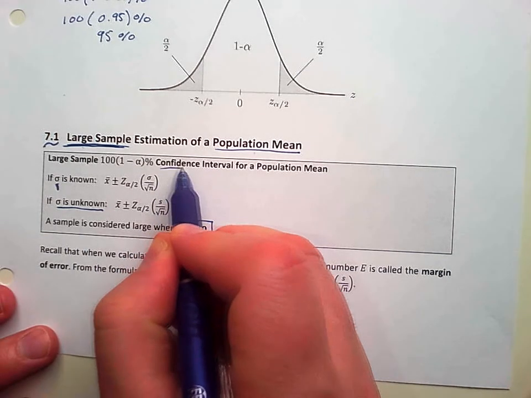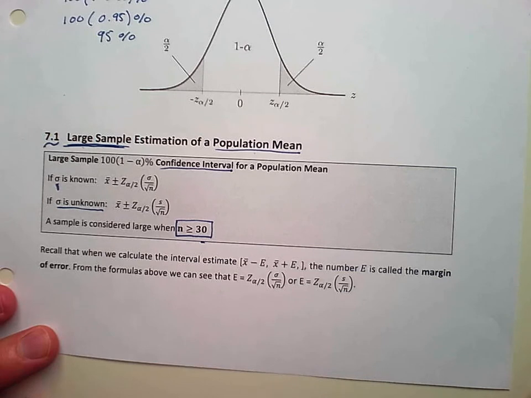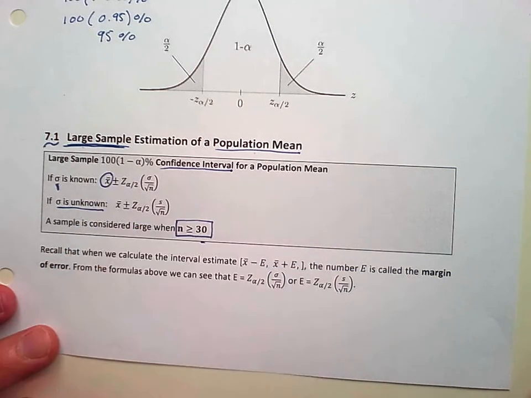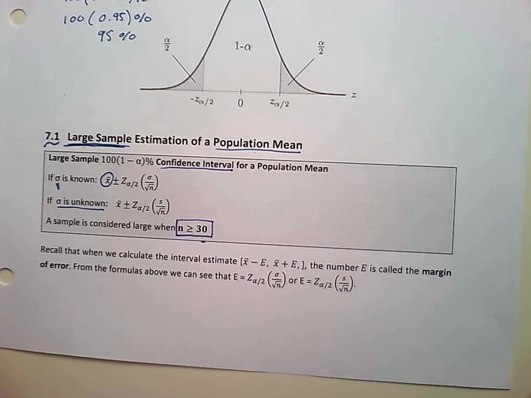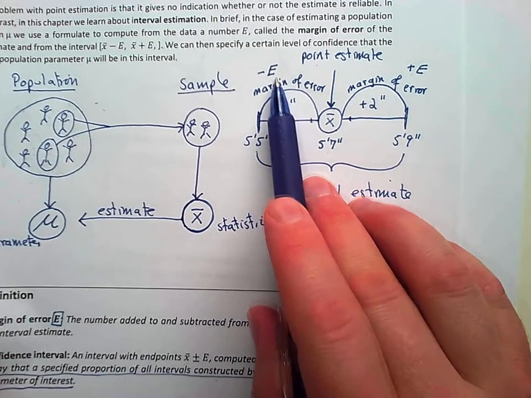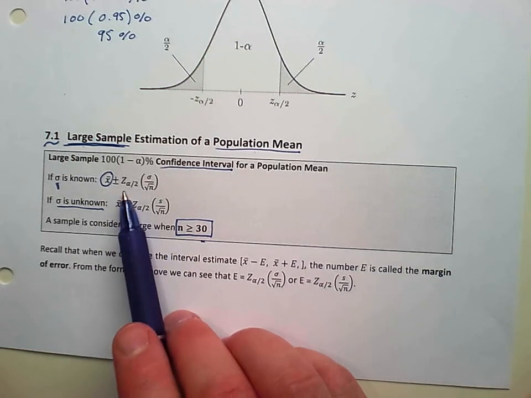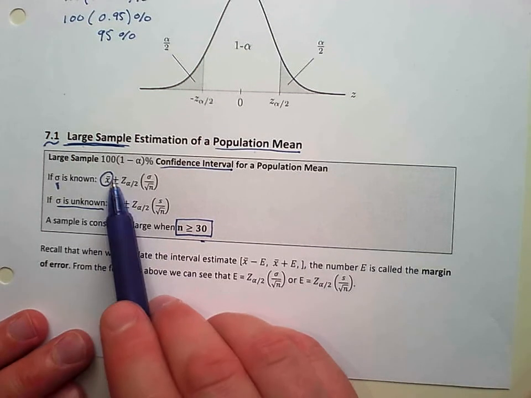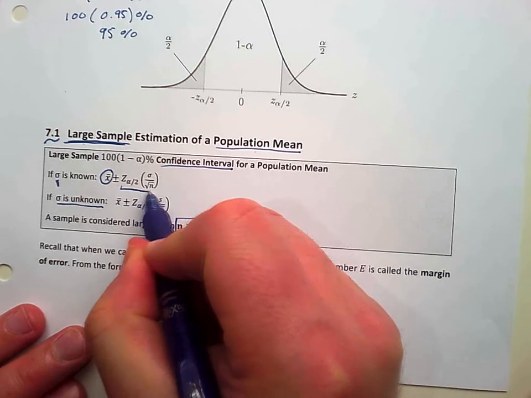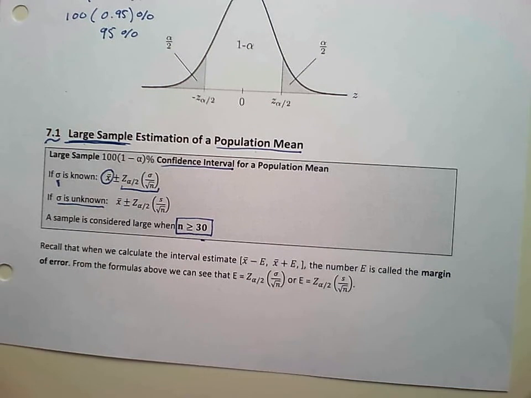If we're trying to create a confidence interval, then just like we did before, we start off with our sample statistic, and we add and subtract our margin of error. The formula for that is to take our sample statistic and add and subtract this portion right here.